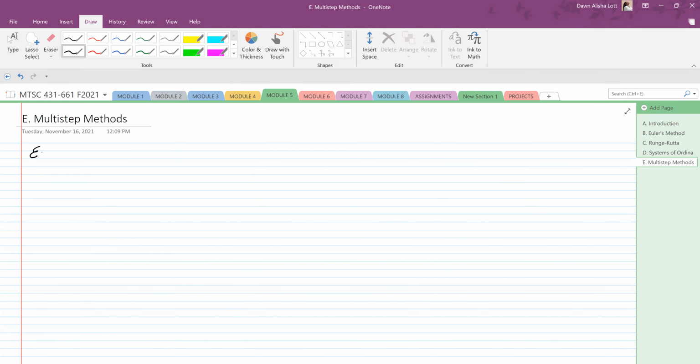Okay, so Euler and Runge-Kutta, these are single-step methods, and they use information from one level or one previous point to compute the next point.